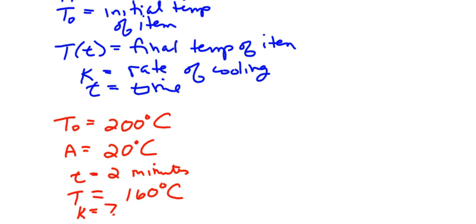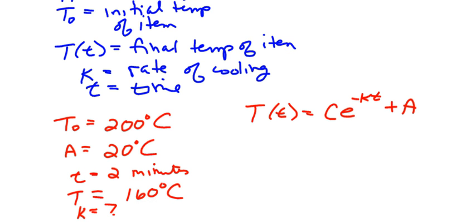And remember, we're going to start with first this equation, and we need to find K, and my answer is going to look like that. So we want to go ahead and plug and chug is really what it comes down to.